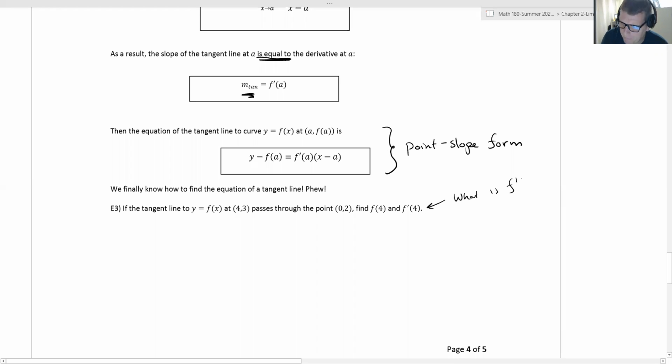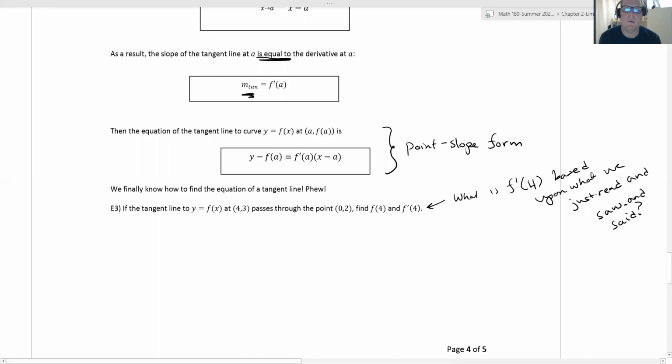What is f prime of 4 based upon what we just read and saw and said? Don't give me a number. I want to know what it means. What does f prime of 4 mean, given what we just did? Let's see if we can catch on with this.